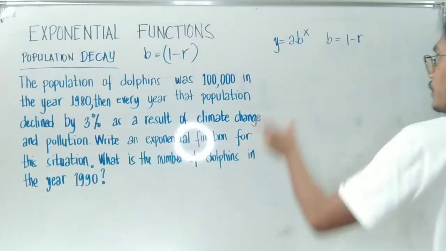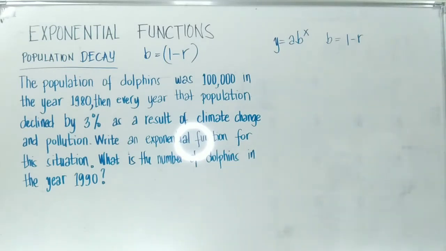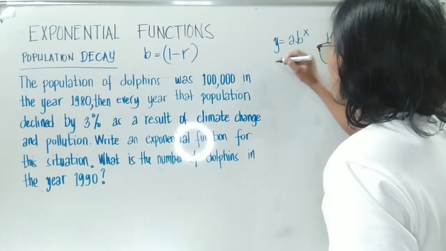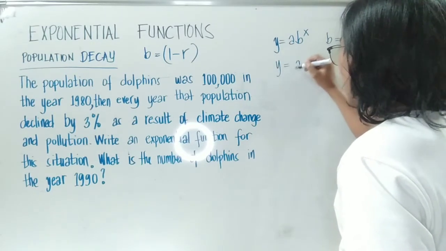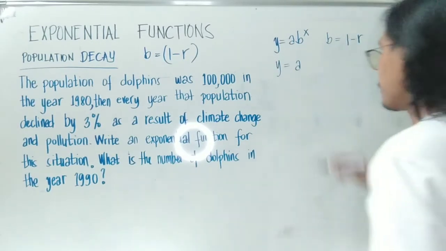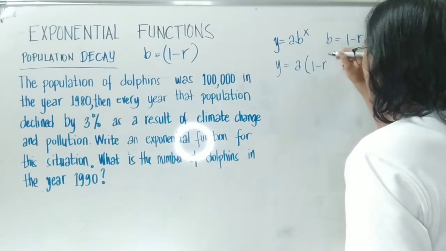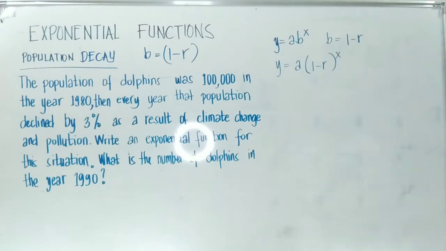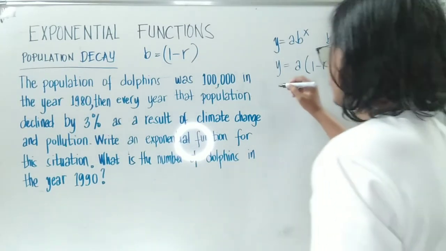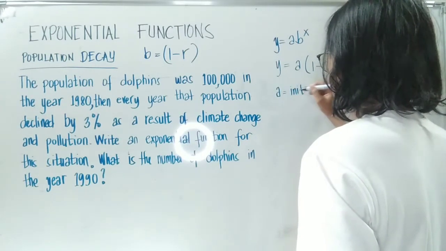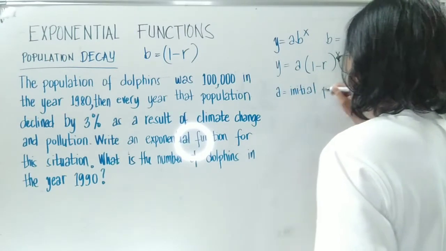So this time b is equal to 1 minus r. Continuing, we have y is equal to a, your initial population, times the quantity of 1 minus r raised to x.